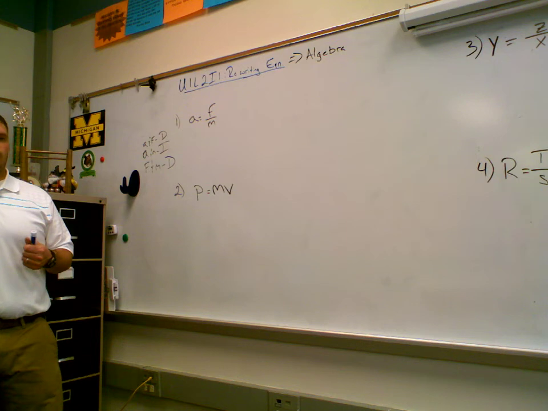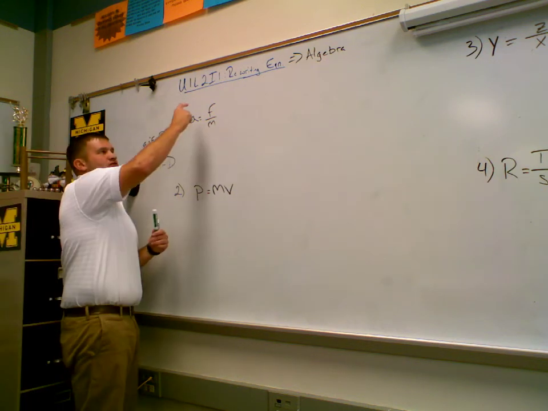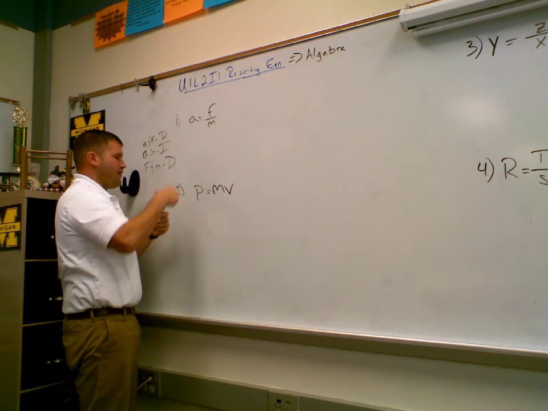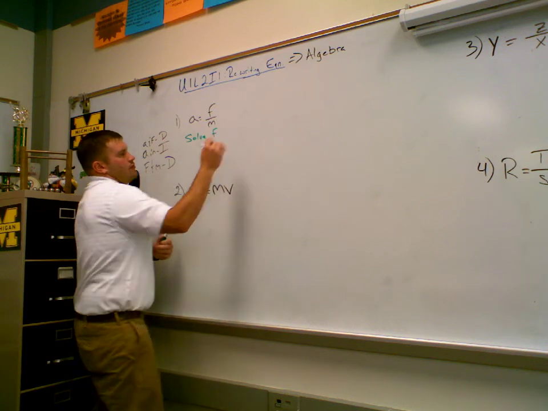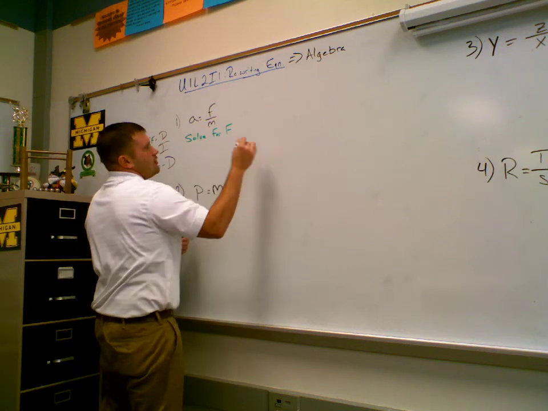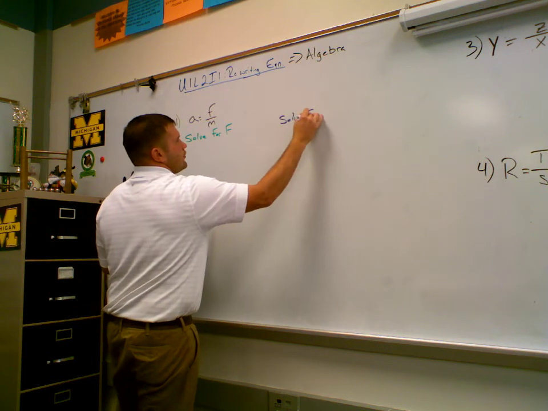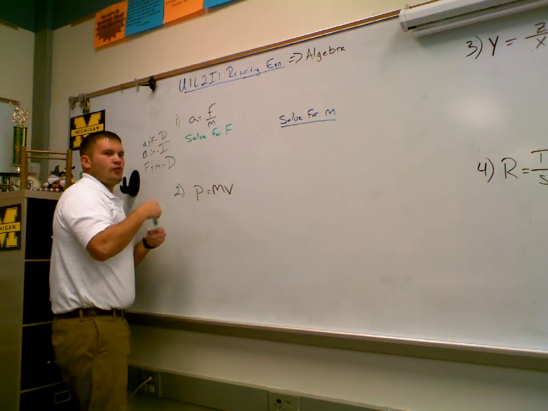So to get those 2 more equations, instead of just solving for A, I'm going to solve for F, and I'm going to solve for M. So one time we're going to solve for F, and another time we're going to solve for M. I use "gonna" a lot. I'm trying to not use "gonna." And all right.